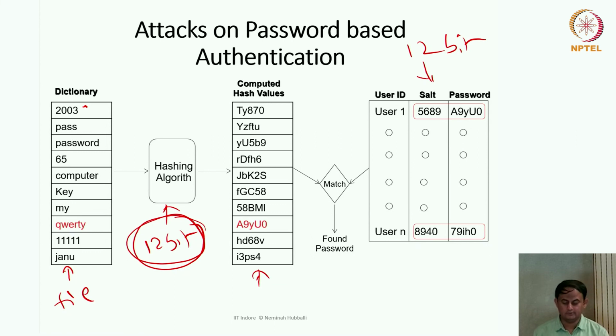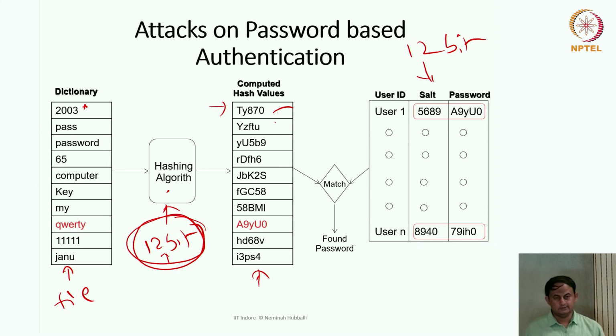and then give that as input to the hashing algorithm, and whatever hash value you generate, you come back and store. So for example, for the word 2003, for one possible combination of this 12-bit input, this is the salt hash value. And for different combinations of these 12 bits, for the same word 2003, you will have a different hash value.